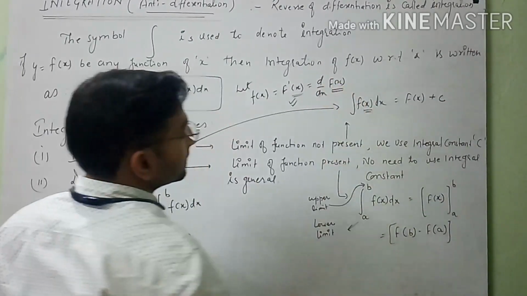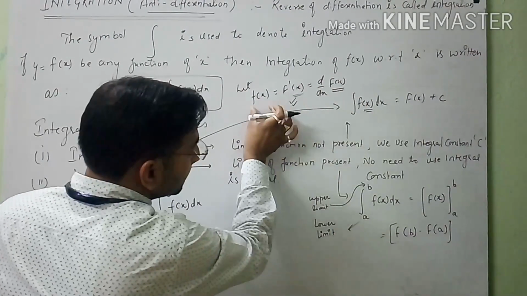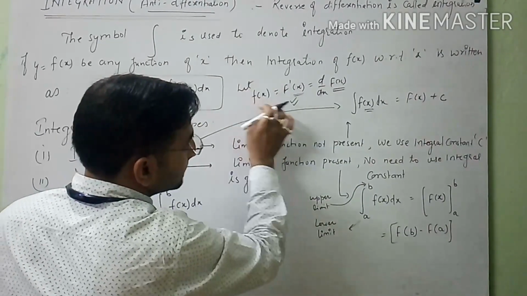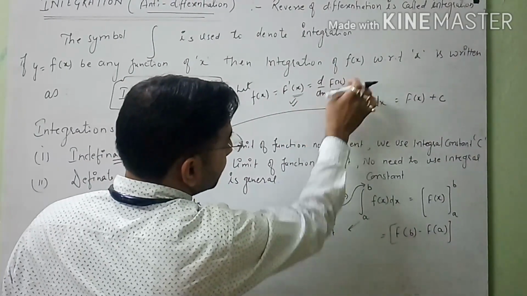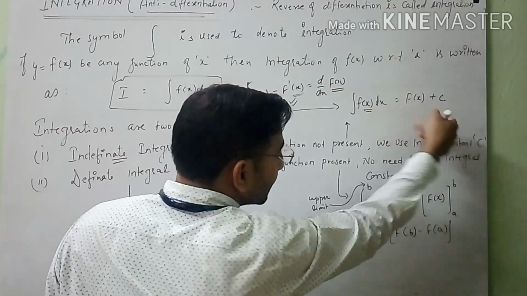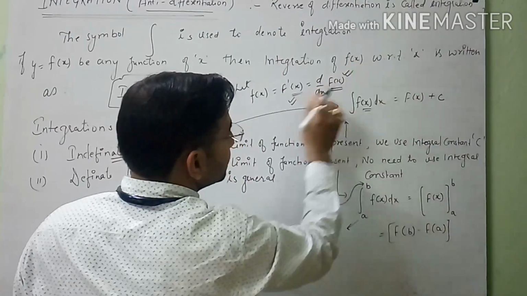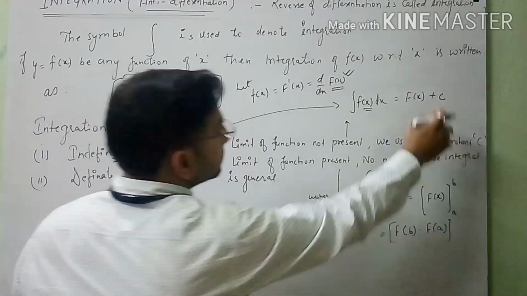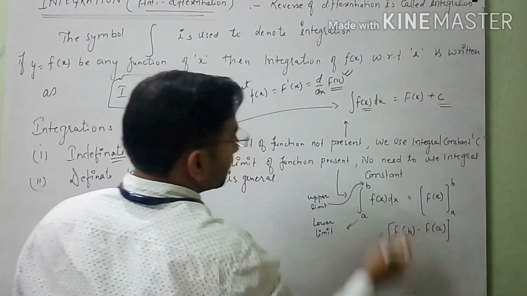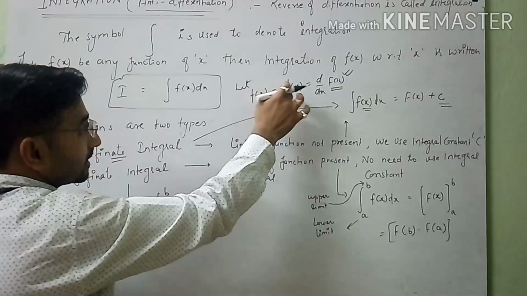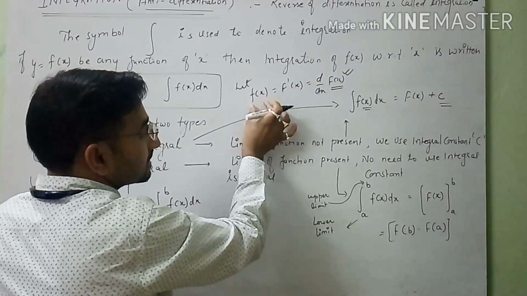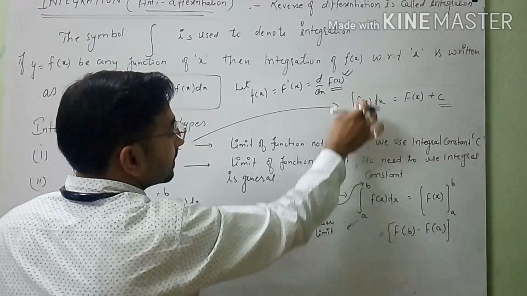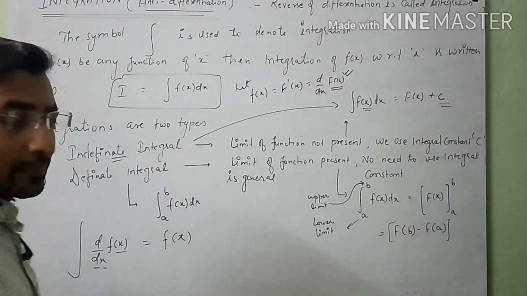This is our initial function. When we integrate small f(x), the derivative of capital F(x), we get again the initial function, capital F(x). And we use an integration constant c because we are integrating f(x) under indefinite integration. Clear?